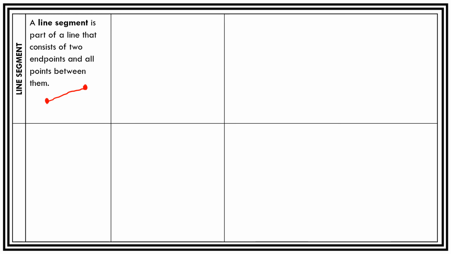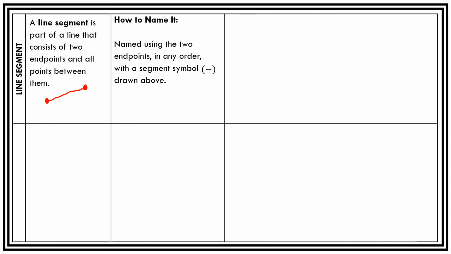Okay. You'll be doing segments a lot, so this is something we really need to know, and we need to know how to name them. So how do we name it? It's named using the 2 endpoints in any order with a segment symbol drawn above. So this is important. You can only use the 2 endpoints to name a segment. Okay? They can be in any order, but only use the 2 endpoints. And then you draw this little segment symbol, which is like a dash above it.